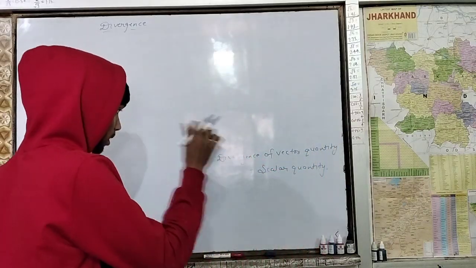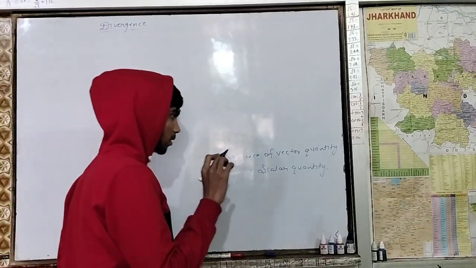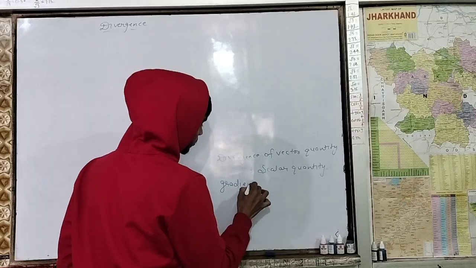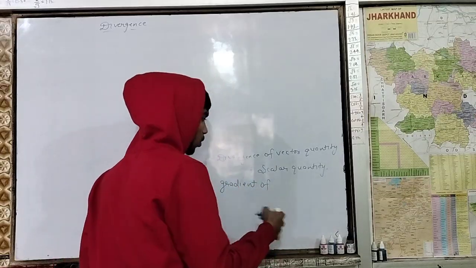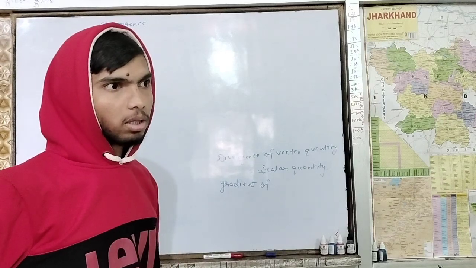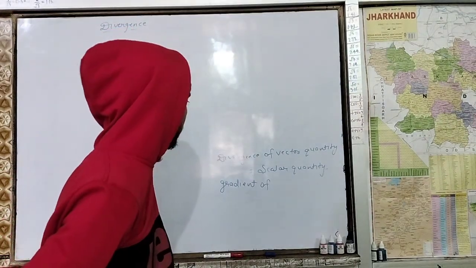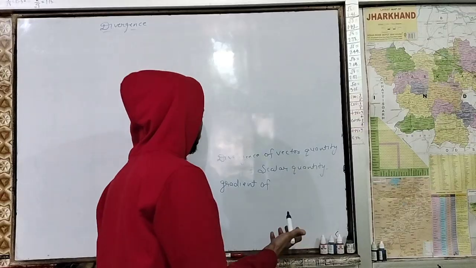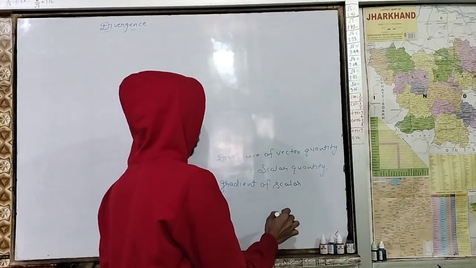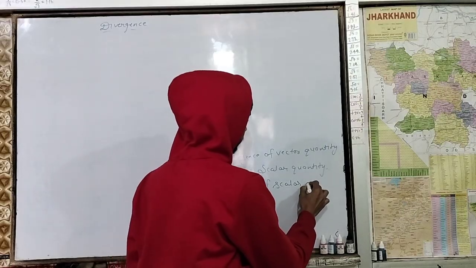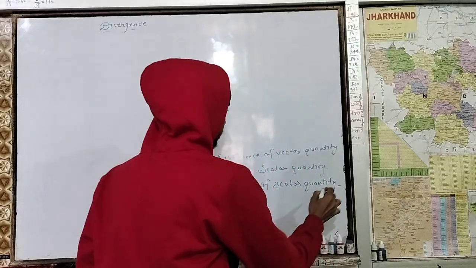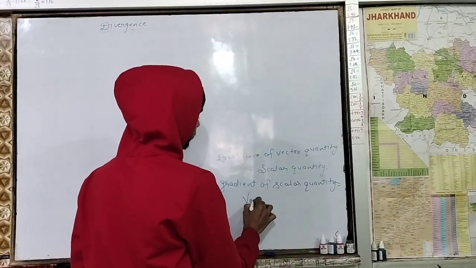Okay. In the previous one we were observing that the gradient of a scalar was coming as a vector quantity.